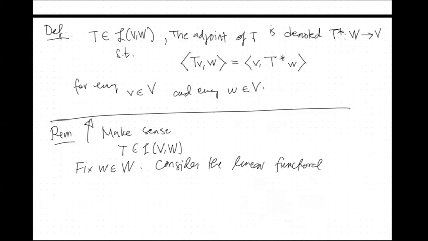A linear functional is just a map from V to F. This linear functional is a map from V to F given by: if you take v in V, you map it to the inner product of T v and w.